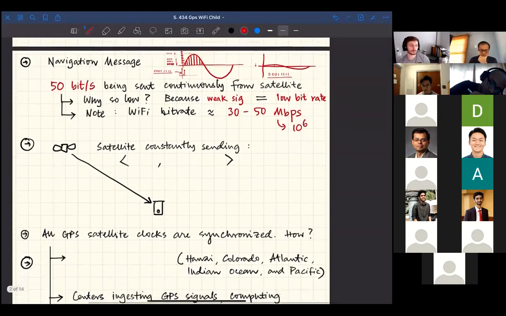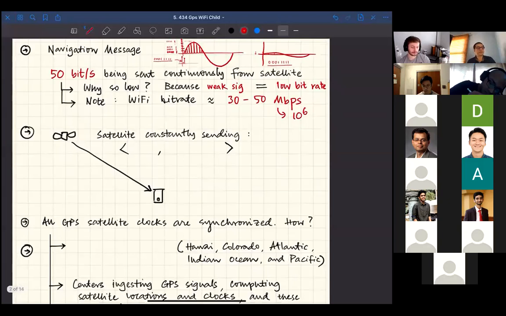Okay, very good. So GPS is a satellite sending 50 bits per second, and it's sending this continuously, back to back. And the data that the satellite is sending contains two important things.